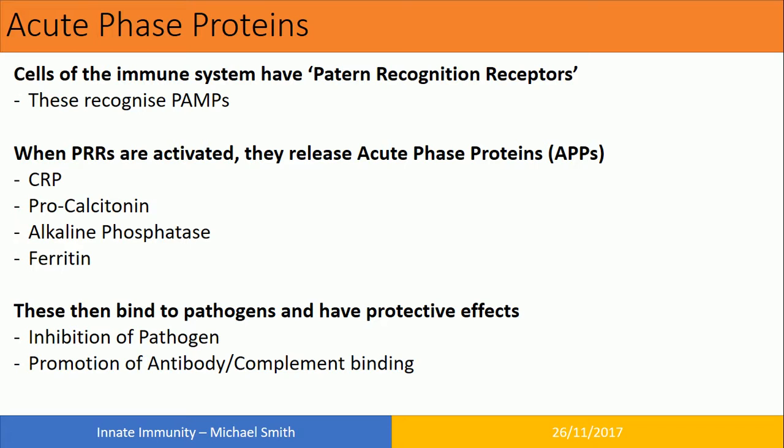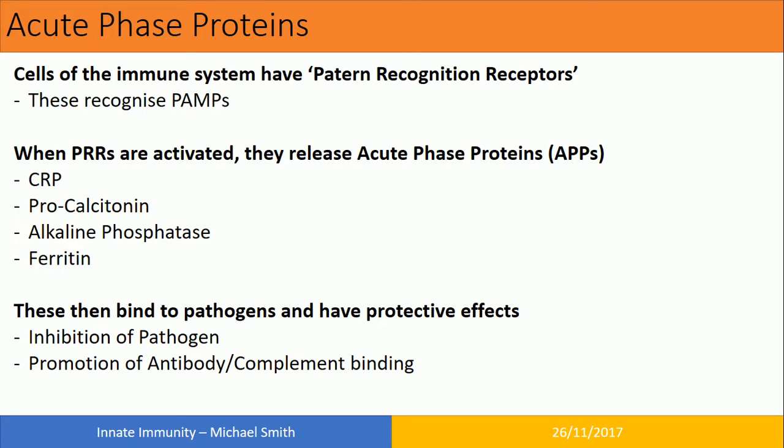So when these PRRs get activated, they release our acute phase proteins. And the acute phase proteins are things like our C-reactive protein, procalcitonin. And that's why C-reactive protein is one of the things that you test for in the blood to see if you've got an infection present.